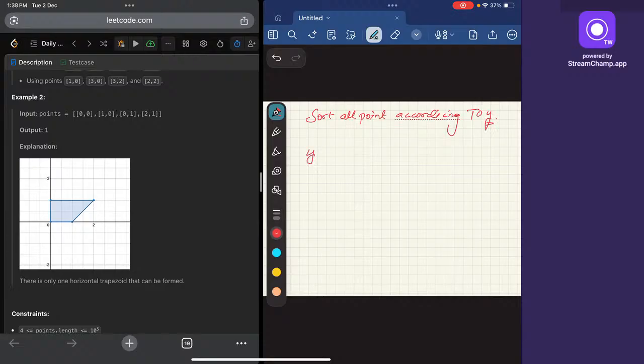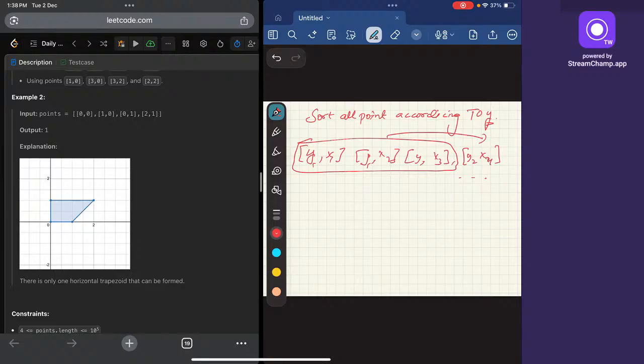So I get some y, the same y's, y1 with x1, x2, x3, and another with x4 and so on. So I can merge these points with other points.